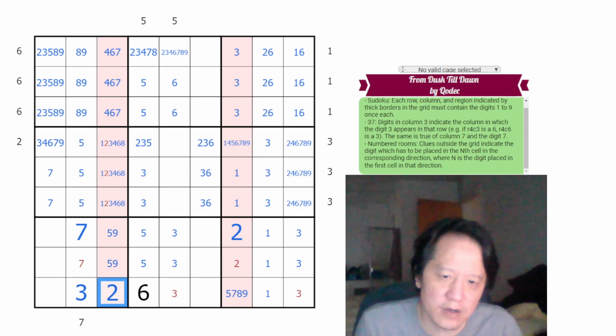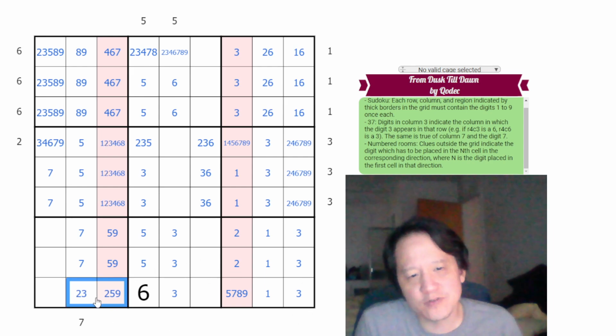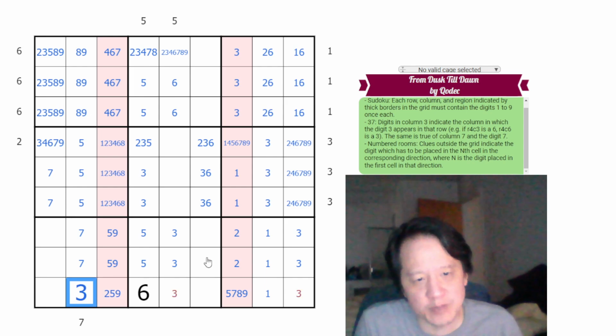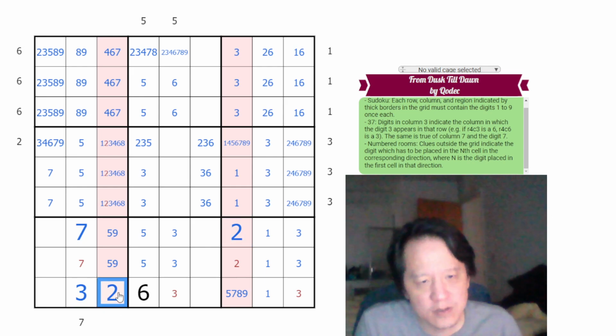Okay. That tells us something, but not very much. We know one of those is a 2. That doesn't tell us very much, right? So we tried just being 3. So then this would be 7. That's 2. Where's the 3? It has to be there. So one of these is 2.